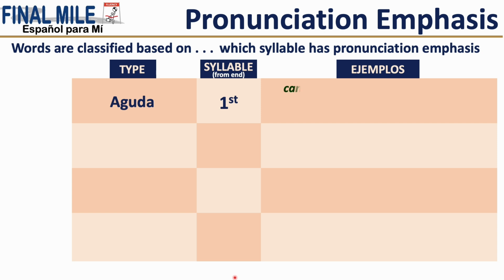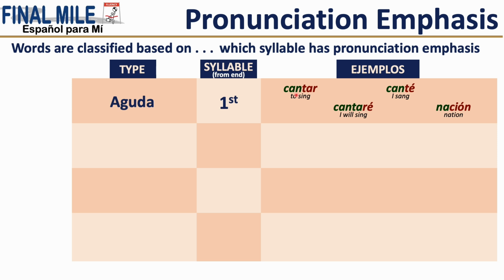Let's look at some examples of those words. It can be a word with a graphic accent on syllable number 1, or it can be a word without a graphic accent that does not end in a vowel or N or S. And we are going to review those rules in just a moment, okay? So let's practice pronouncing these words.